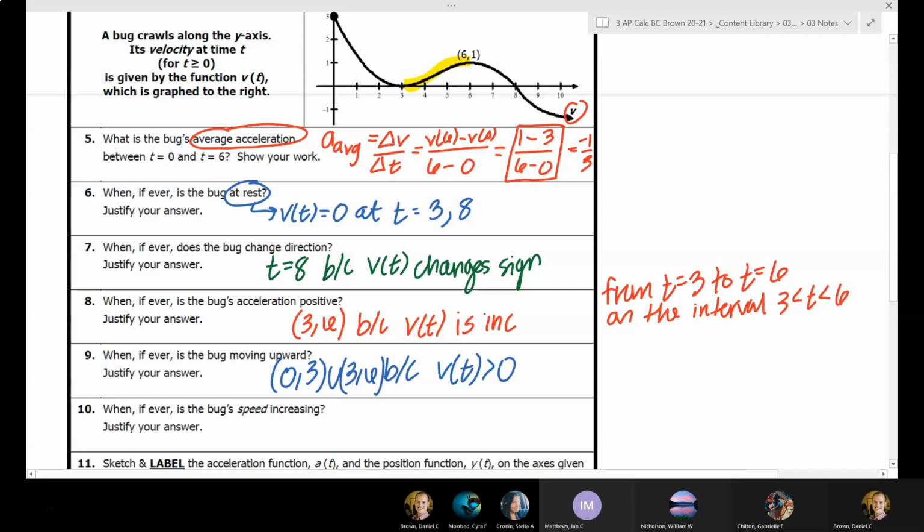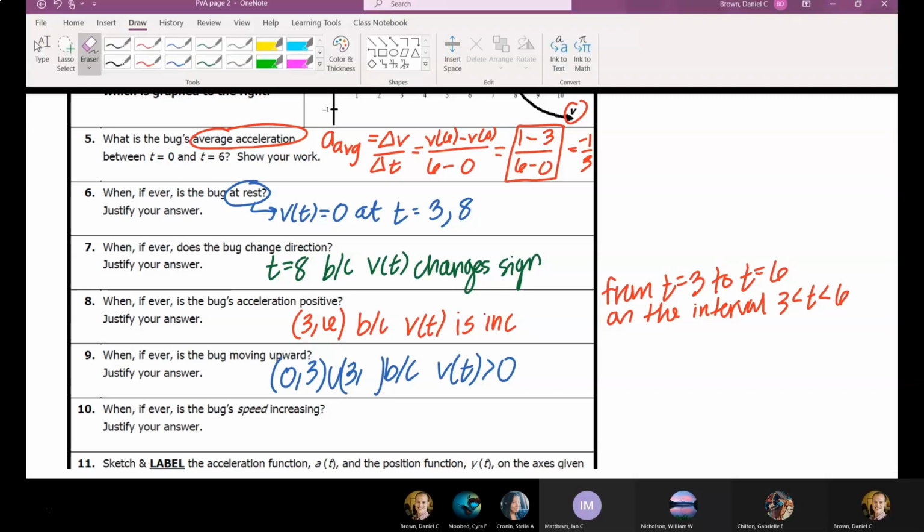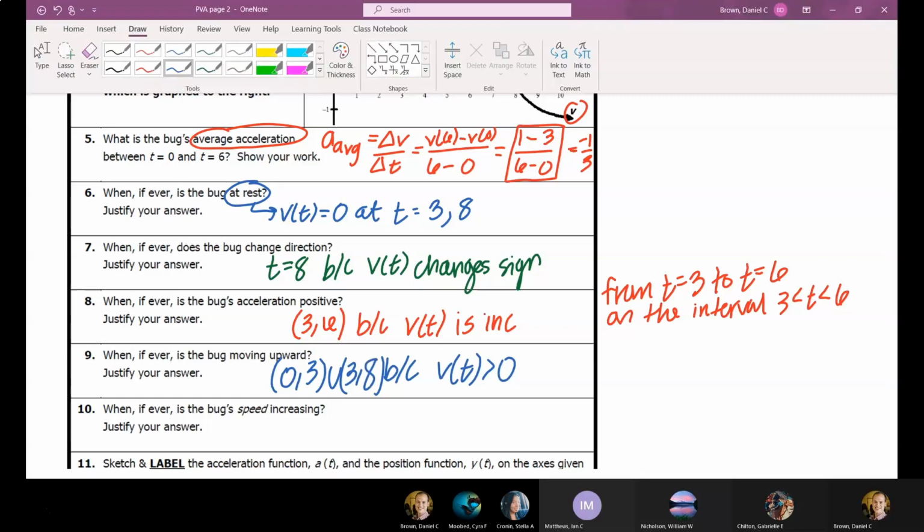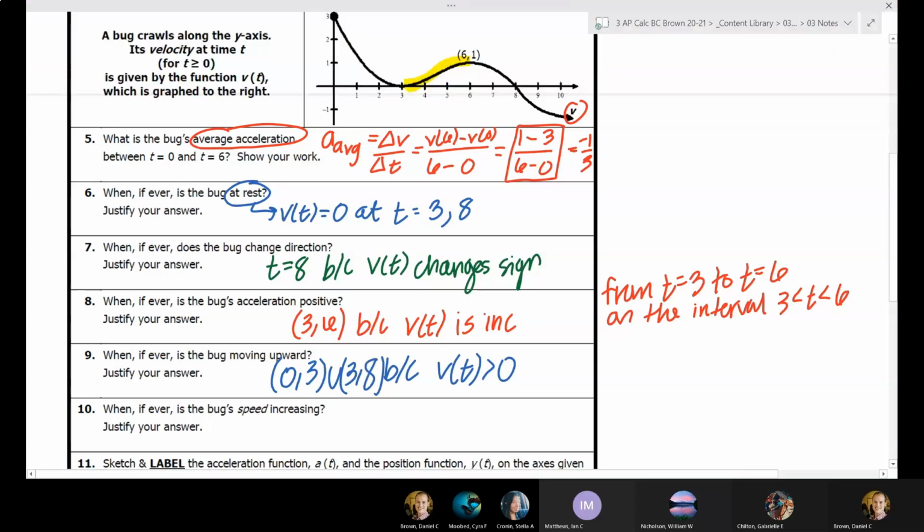There are other acceptable answers that are technically correct. I don't think most people would do them, but according to College Board, you could say 0 to 6. Don't be wrong. 3 to 8. Let me be correct on that. So the velocity is positive from 3 to 8. Some other ways you can write your answer that would also receive full credit is you can put a bracket on the 0, because that 3 is kind of like an endpoint and like a solid circle, so that would also work. You can also just clearly state this as the interval from 0 to 8.